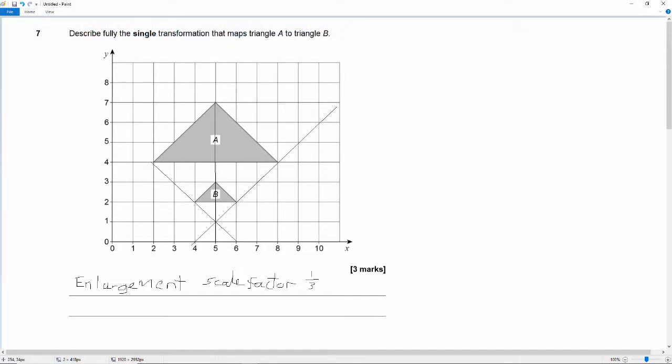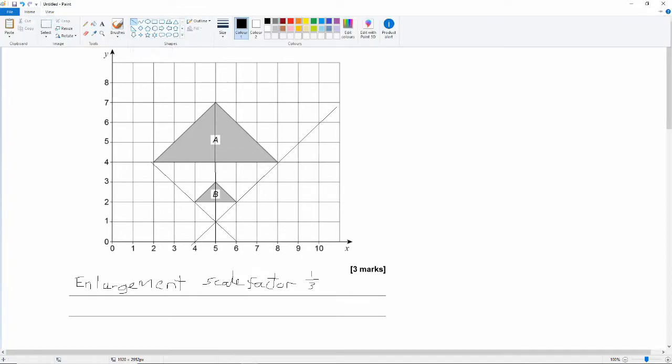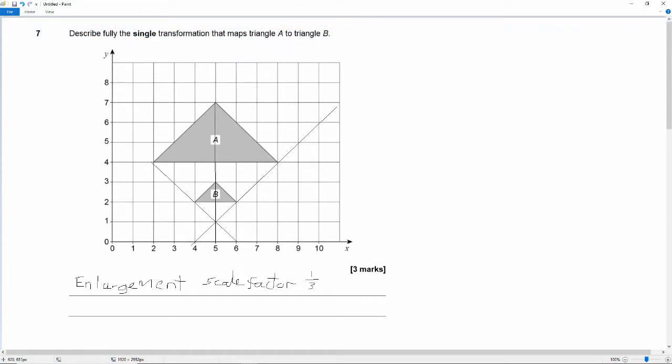So if I was to draw my vectors in, not that I need to, but if I did, let's make it a bit thicker so you can see.